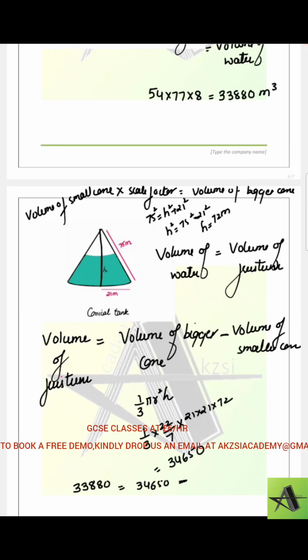Let's say the volume scale factor is x. So 34650 divided by x will give you the volume of the smaller cone. From here we can easily calculate the scale factor.